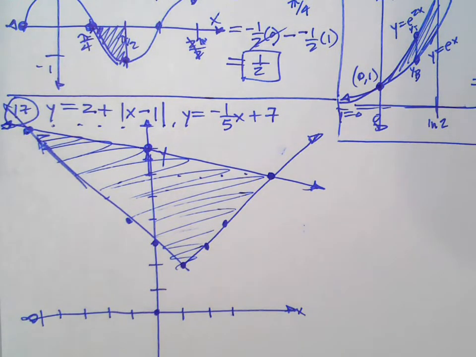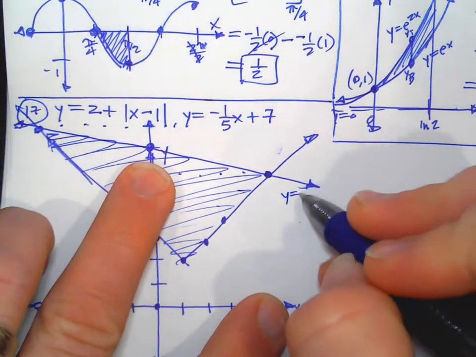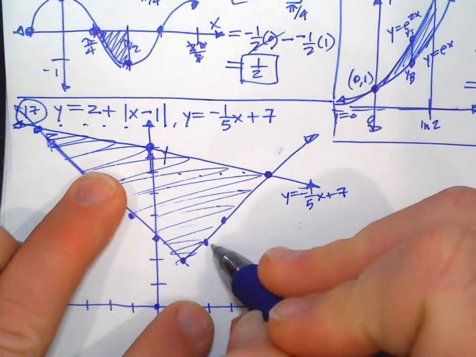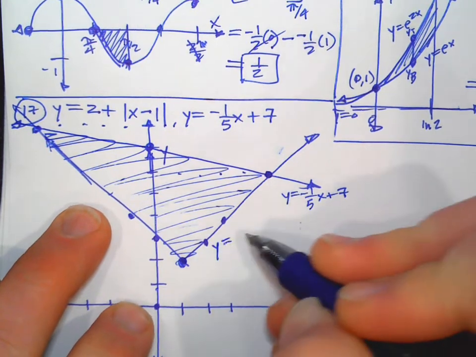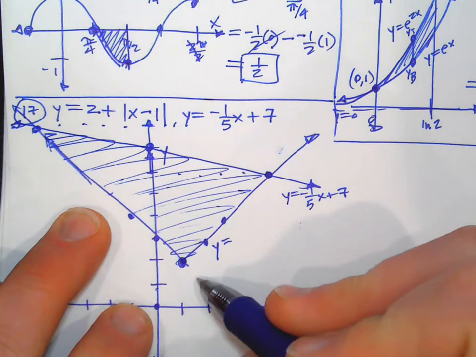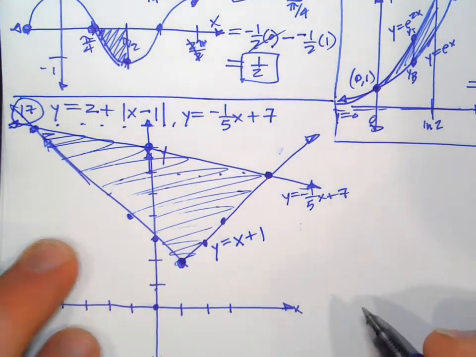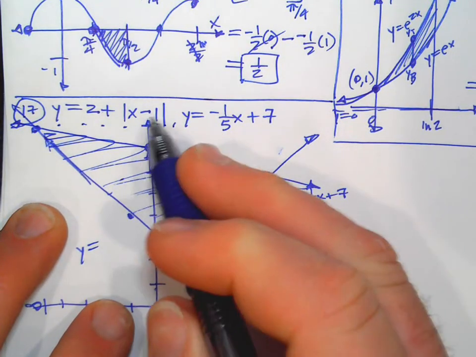Now, what we could do is write the equations of these lines separately. So when x is bigger than 1, you just drop the absolute value. When x is less than 1, then you have to take the negative of what's inside here.